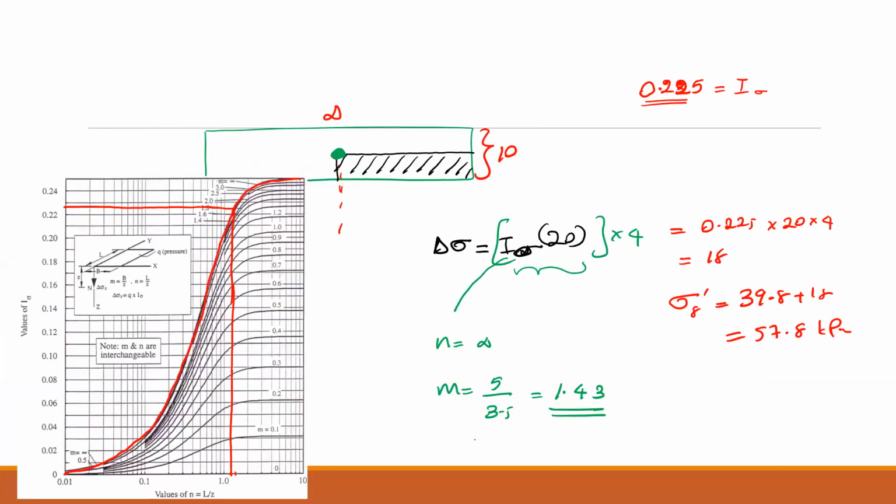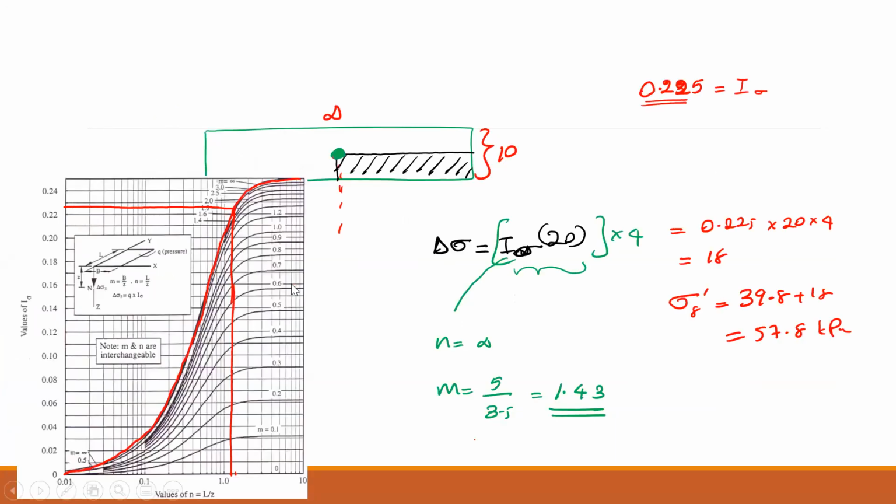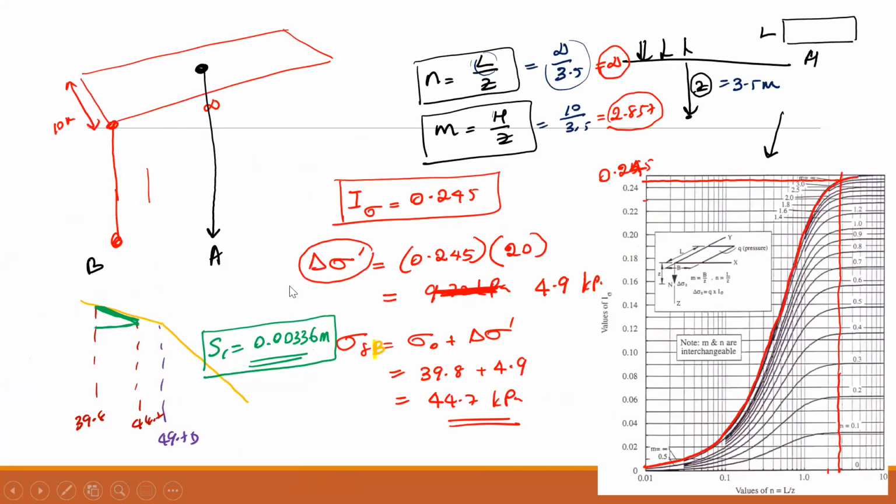So if I draw the graph now, the initial value is 39.8, and the final value is 57.8, and the middle value is 44.7.